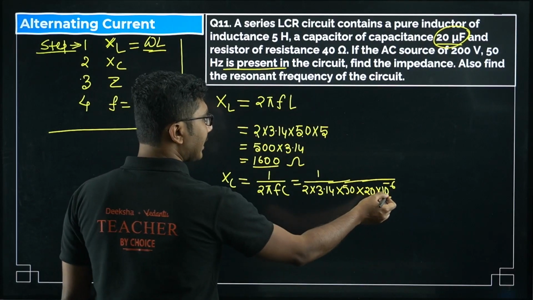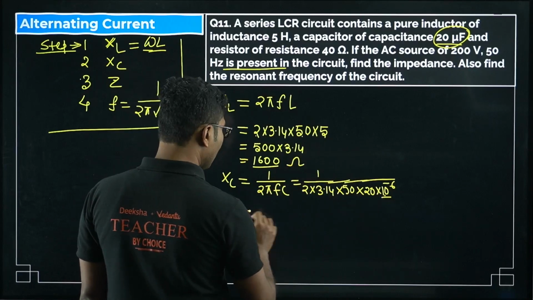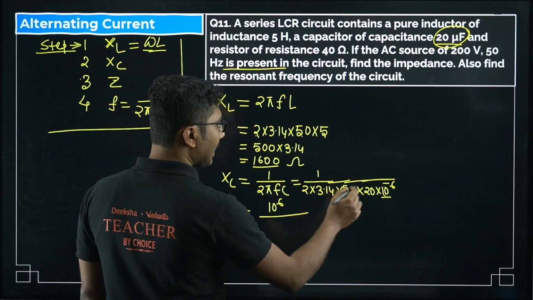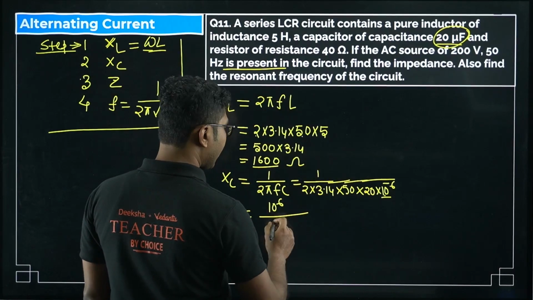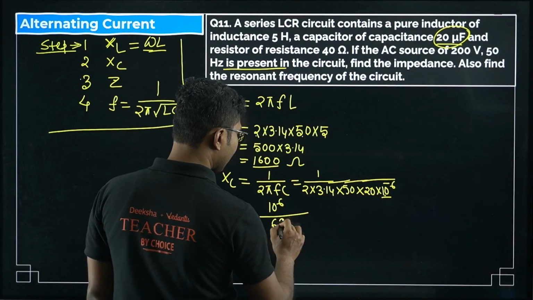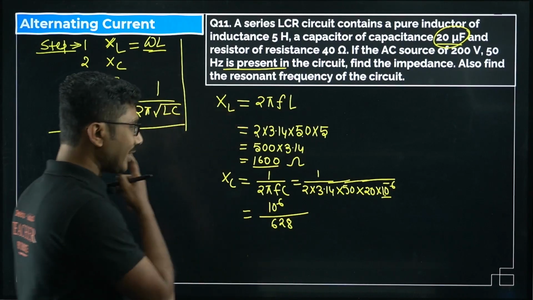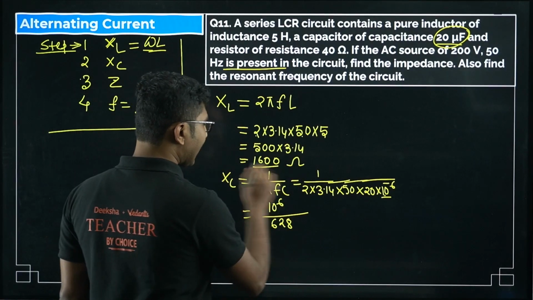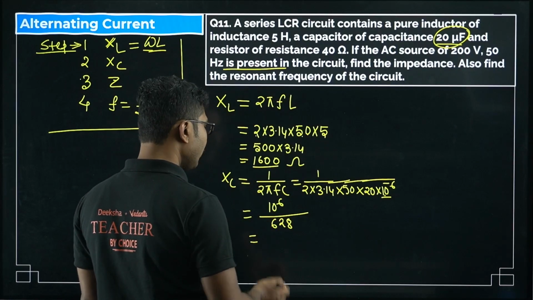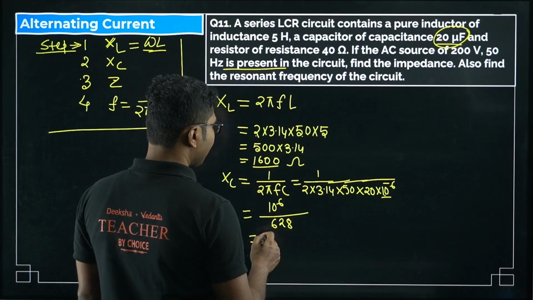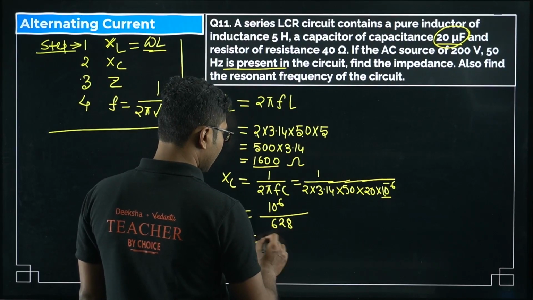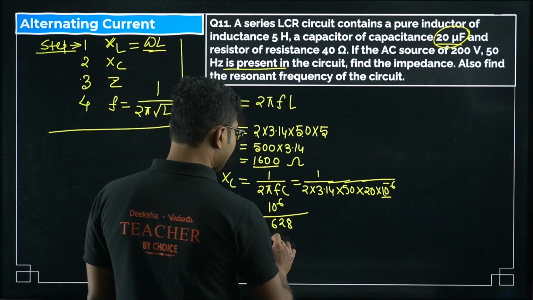Now this 10 to the power of minus 6 will move up and become plus, divided by 100, 200 into 3 is 628. So whatever value you get, that is the value of XC. I think it is somewhere around 400 or 500, so you can calculate the exact value.